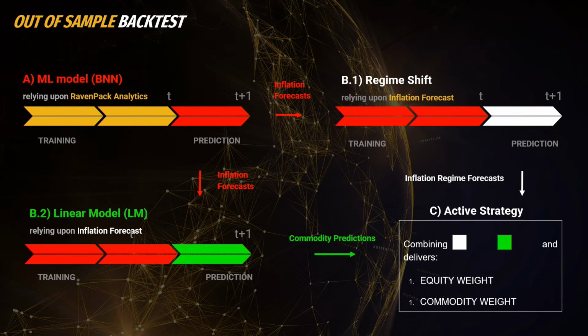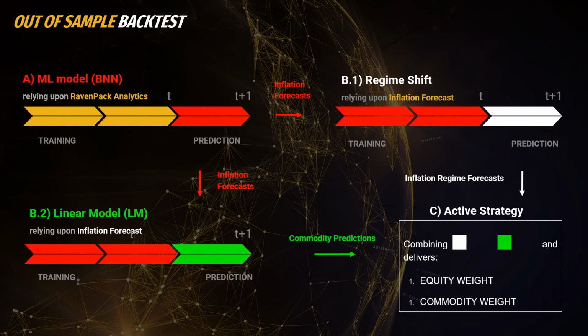So we do not focus our attention only on the average prediction of inflation, but we want to understand in which regime we are. So we map our inflation prediction into a regime of inflation. And we define only 3 regimes: a low inflation regime, a normal or medium inflation regime, which is basically the central bank target, and a high inflation regime.